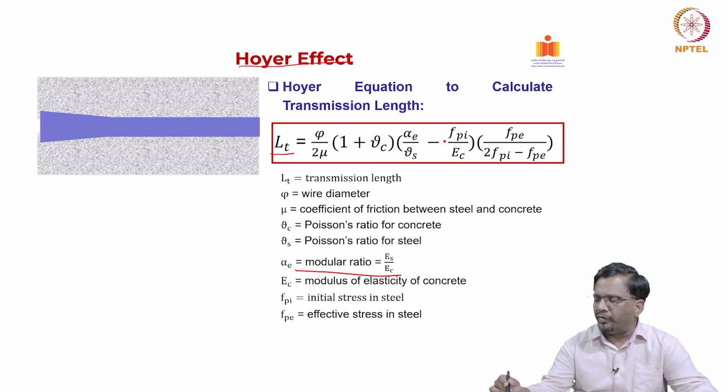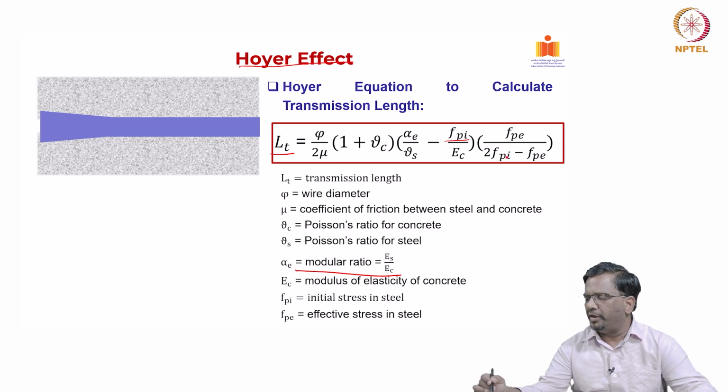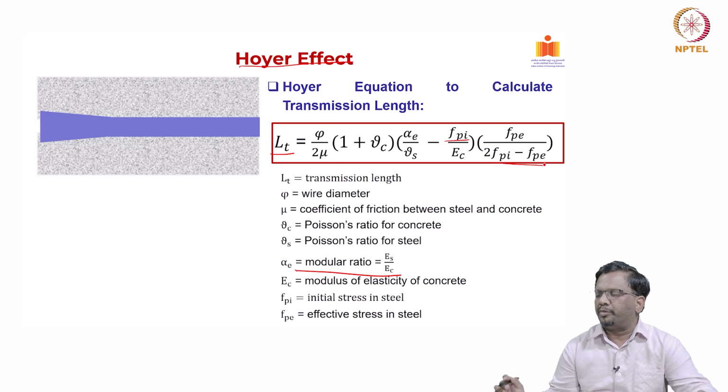It is also a function of your initial pre-stressing F_PI and the difference between the initial pre-stressing and the effective pre-stressing. So, all these important parameters are put into this equation using elastic stress analysis.